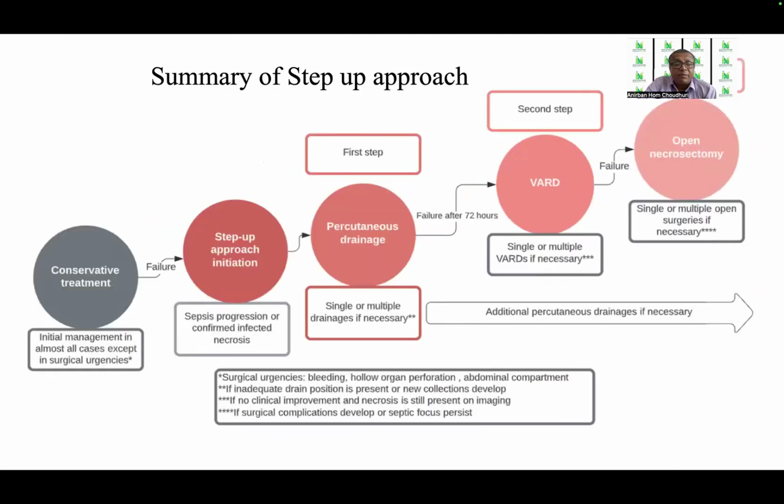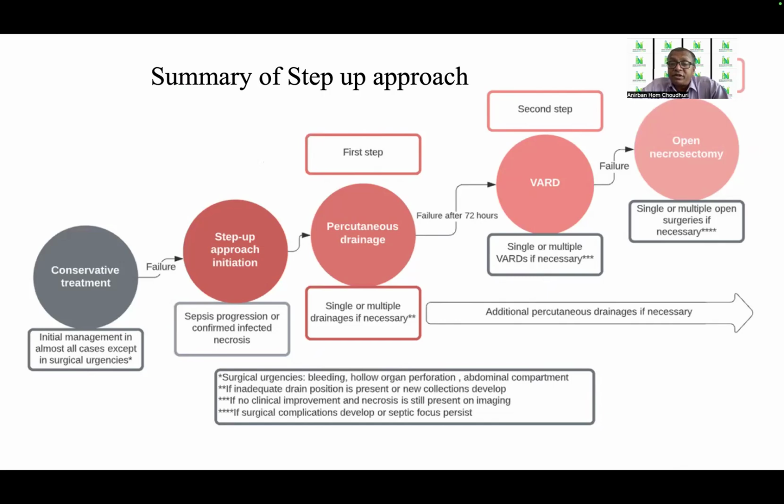So the summary of the step-up approach is that once conservative treatment has failed, the step-up approach is initiated with percutaneous drainage. If there is failure even after 72 hours of percutaneous drainage, either single or multiple, they can move on to single or multiple VARDs, that is video-assisted retroperitoneal debridement, because the retroperitoneum is the window through which one can very easily reach and also make correct assessments.